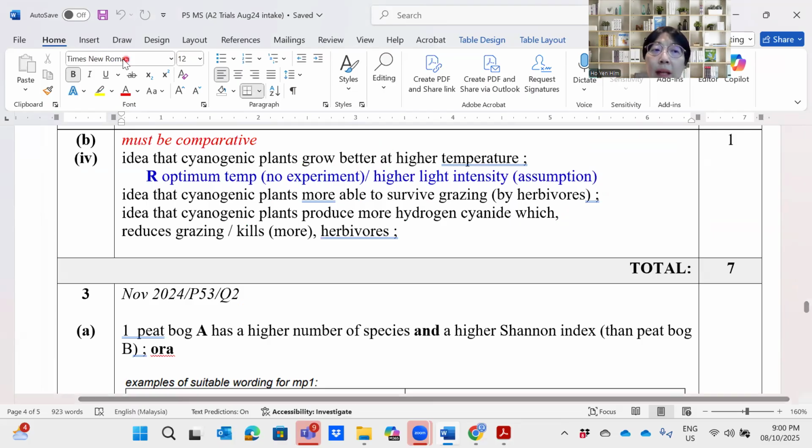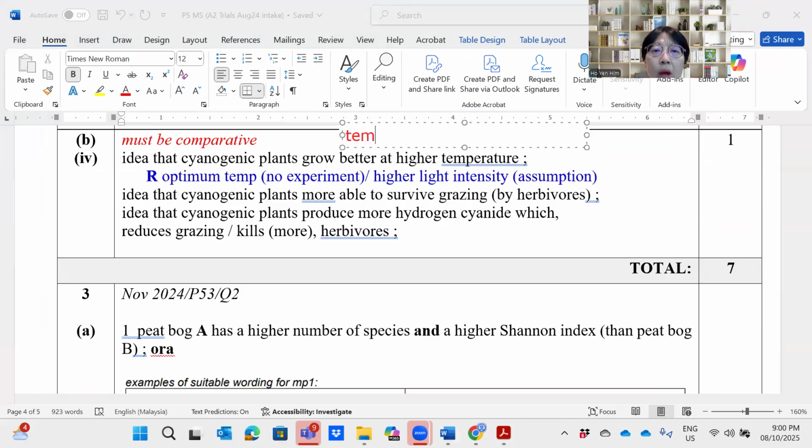But some students write that higher temperature means higher photosynthesis rate. I cannot give mark because photosynthesis rate is mainly affected by light intensity.